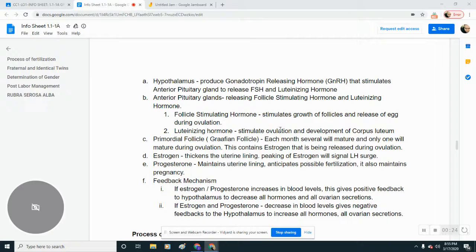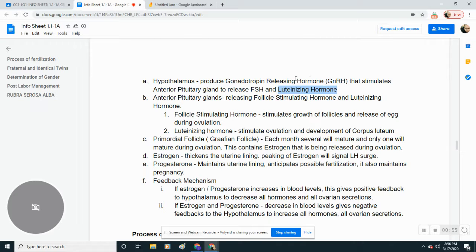Okay, so your hypothalamus, or your master gland, produces gonadotropin releasing hormone. This GnRH stimulates the anterior pituitary gland to release gonadotropins. These gonadotropins are the follicle stimulating hormone and the luteinizing hormone.